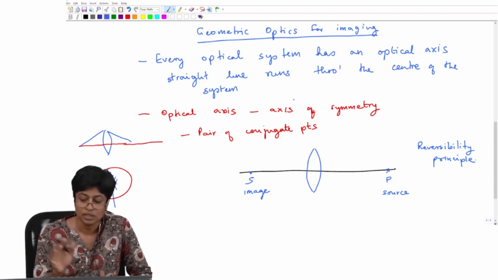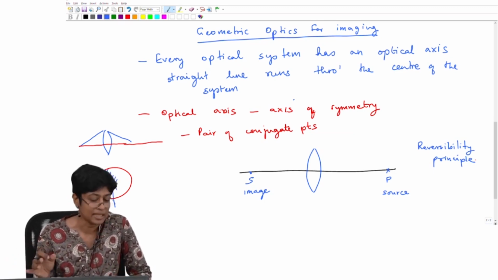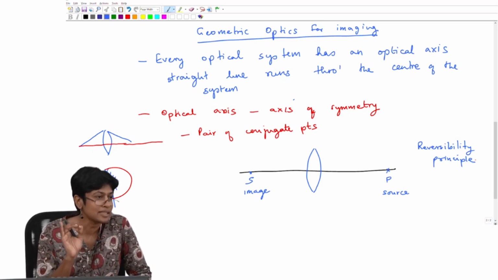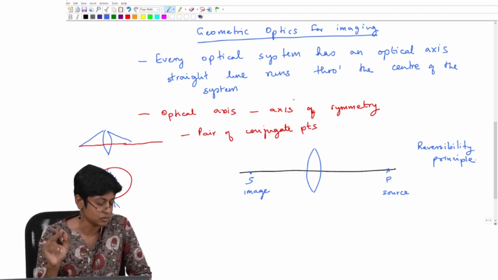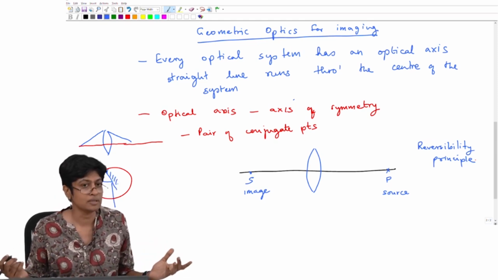Okay? So, this only tells us where the locations will be, and that won't change, and that is a pair of conjugate points, but don't think that means that the optical system works exactly the same way irrespective of the direction.